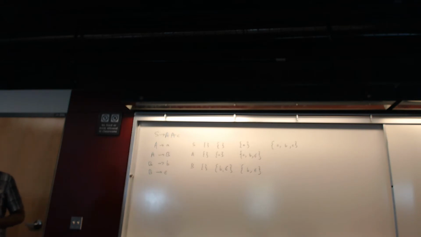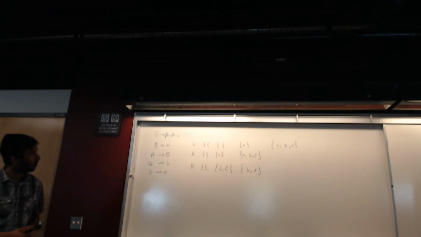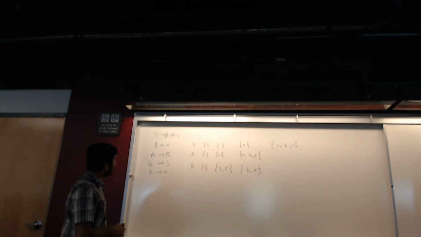Rule number 5? No. Why not? Because C does not have epsilon. All the A zeros through Ak should have epsilon. Here C does not have epsilon.